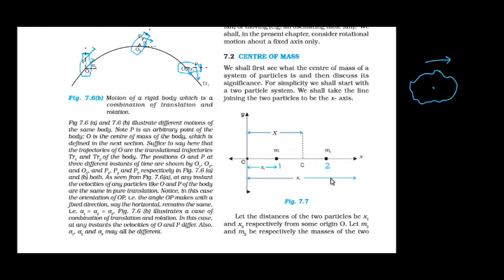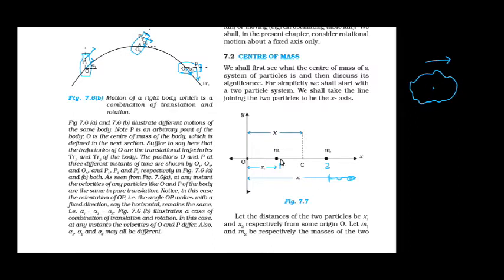Particle 2 is separated by a distance x2, which will be here, from the origin. Now we have to find the center of mass of this two particle system.